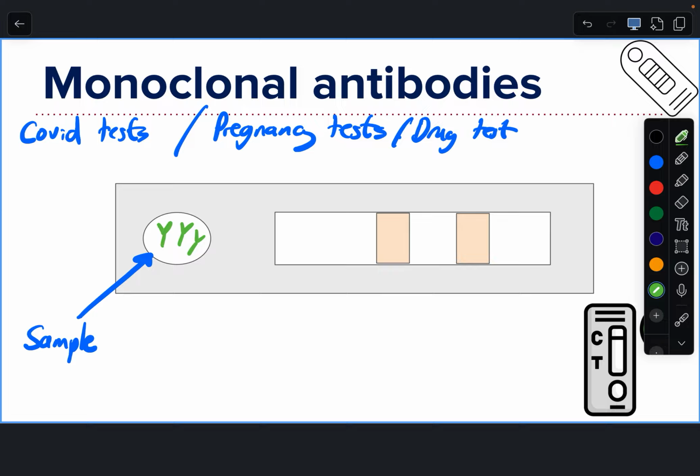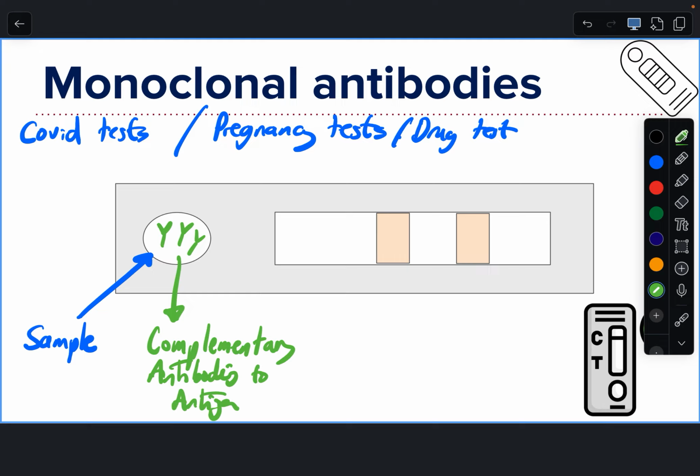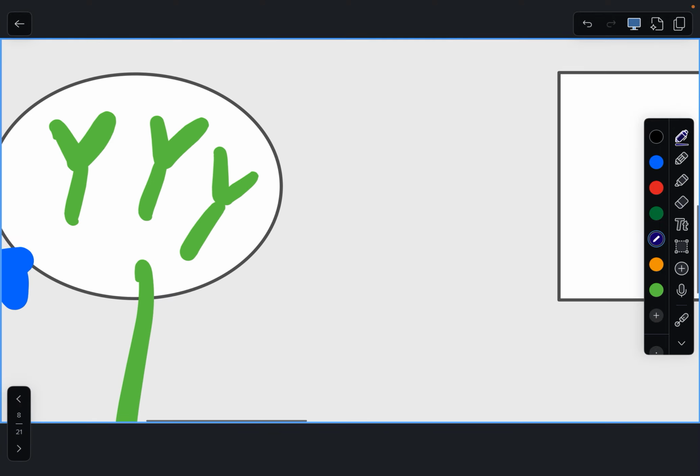They are complementary antibodies to the antigen I'm trying to test. So these are my monoclonal antibodies. In addition then, attached to these antibodies, in your specification, it often says it's just a blue dye.